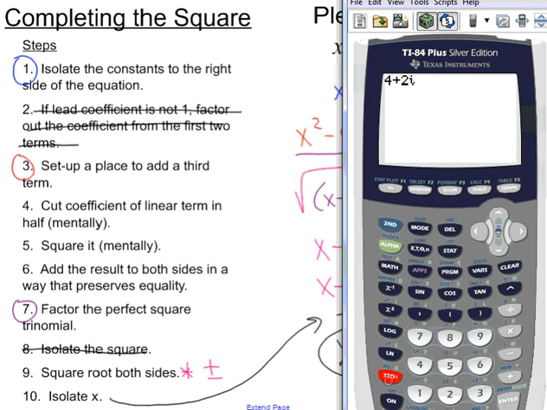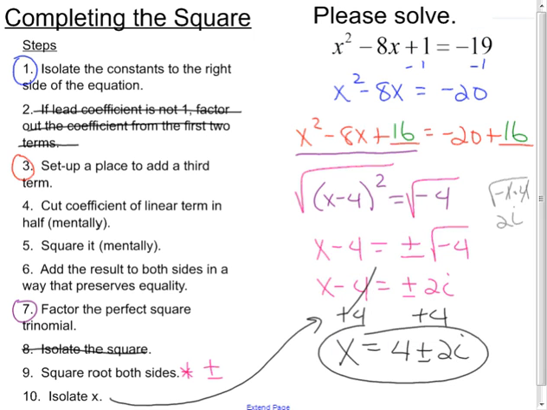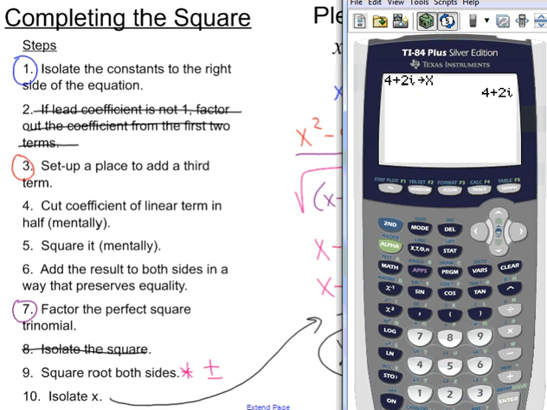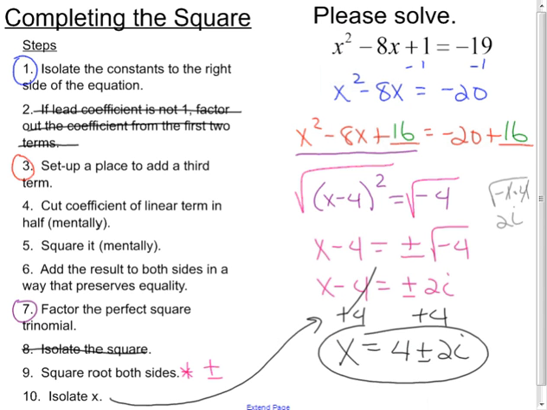Okay, store x, and then the only thing I need to be able to do is type the original problem, which is x squared minus 8x plus 1, and hoping we in fact get a result of negative 19, which we do in fact get in the problem. Now I only checked the 4 plus 2i result. If you check the 4 minus 2i result similarly, you would get the same thing.